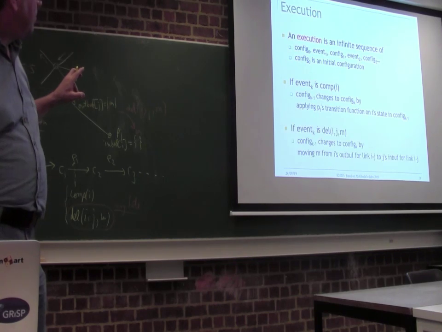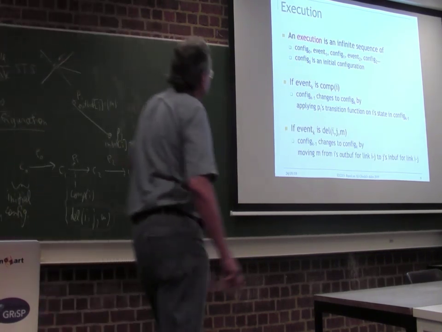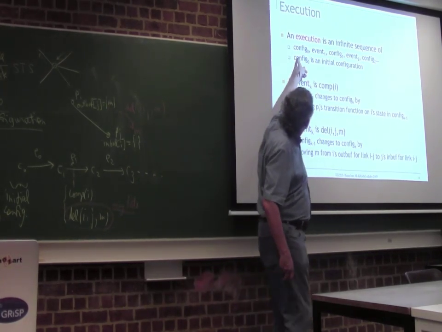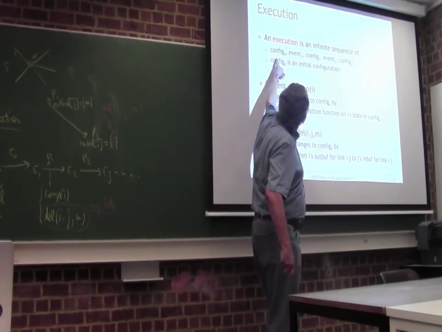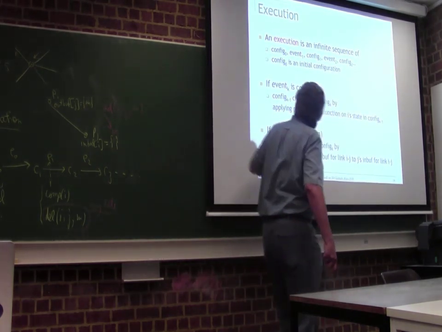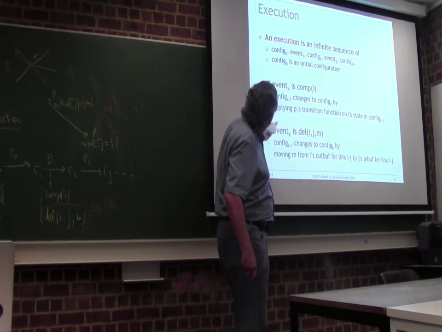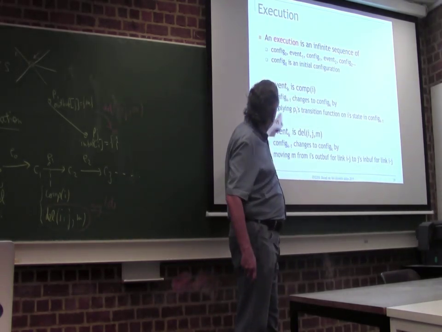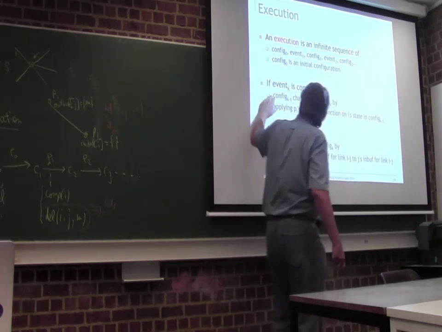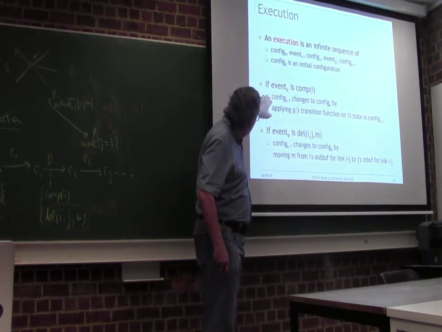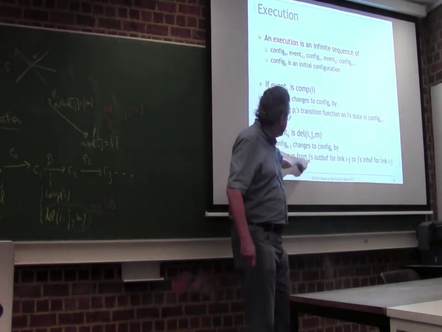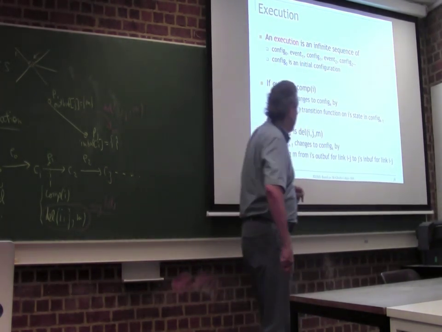So this is basically what I just said. An execution is an infinite sequence of configuration, then I have an event, go to the next configuration, another event, and I have two possible events. A comp event, which applies PI's transition function on I's state. So there's a transition corresponding to this, which we'll see. And the del event moves a message from I's out buff to J's in buff.